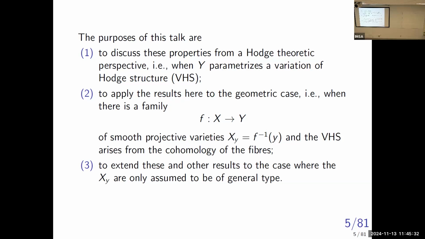In the geometric case, and this is what to have really in the back of your mind, if you have a family of smooth projective varieties, and you look at the Hodge structure on the fibers arising from the cohomology of the fibers, then the Y that we'll be interested in is the one that we'll be discussing these three properties concerning.